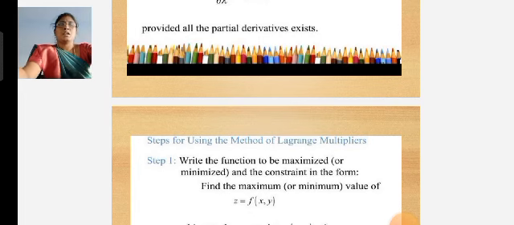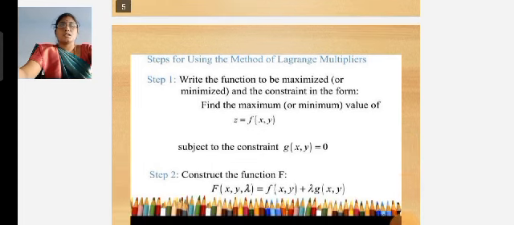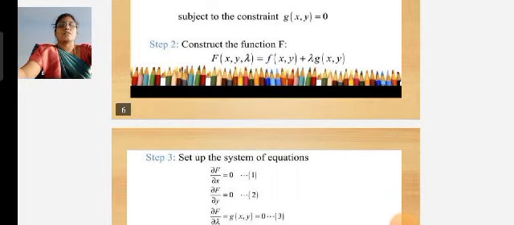Step 1: the function z equal to f of x comma y is to be maximized or minimized subject to the constraint g of x comma y equal to 0. Step 2: form the function F of x comma y comma lambda equal to f of x comma y plus lambda times g of x comma y.